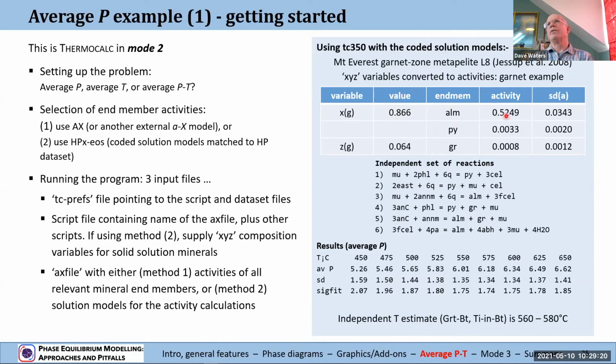And within the program, then it's calculated the activity of almandine, the activity of pyrope from that in conjunction with the other parameters. And it's calculated from what I've given for the calcium content in a particular site. It's calculated an activity for the grossular, and then I've gone on calculated some results at average pressure at a range of temperatures on the basis of the independent set of reactions that it conjured up for me.